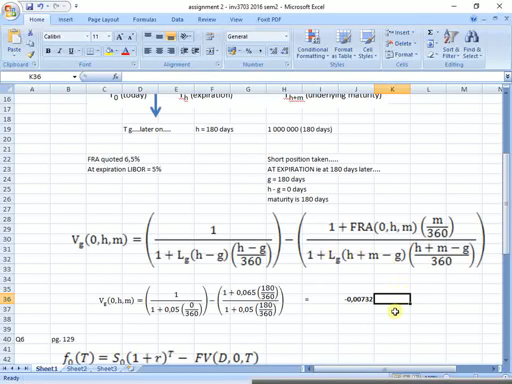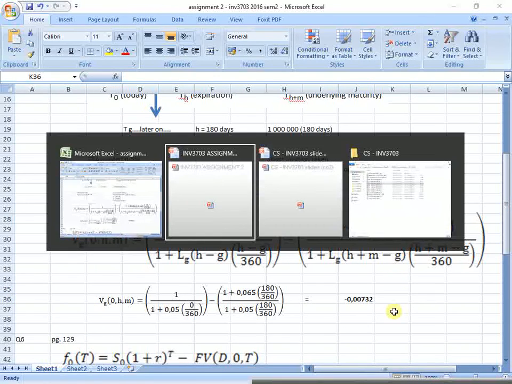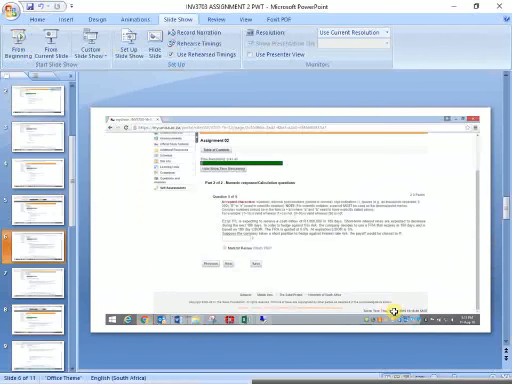How do you know it's a million? Determine the payment. Yeah, you could assume 1 million.